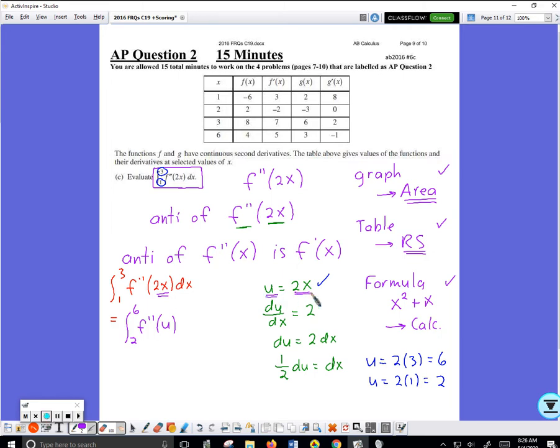Notice again the limits have been changed. And then dx is the same as 1/2 times du. We'll pull out the 1/2 because it is a multiplying constant.